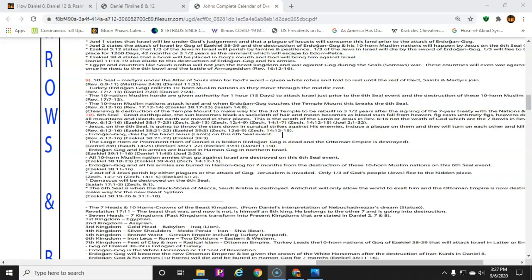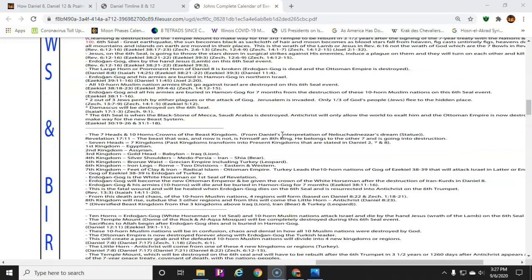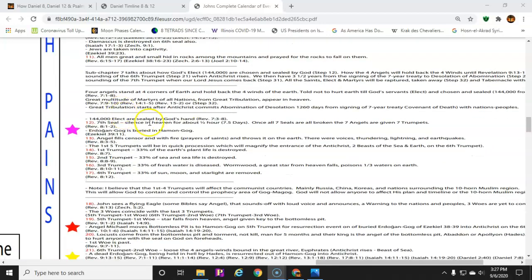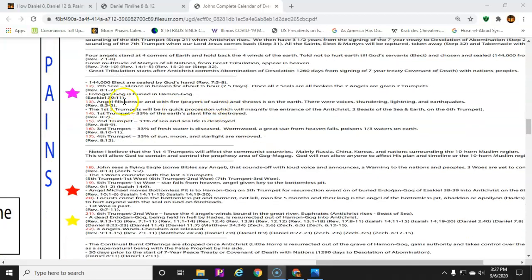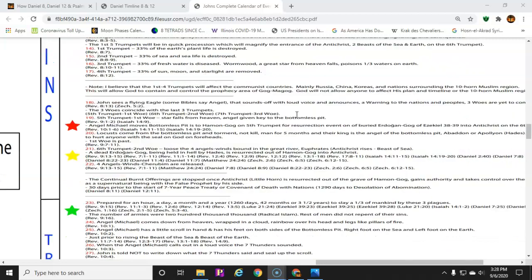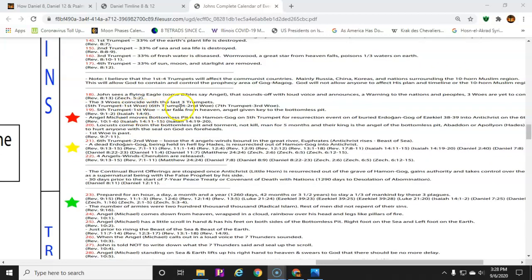So once the 6th seal breaks, you have the earthquake event, the 10 nations are destroyed, you start to see the 7th seal open, the half an hour of silence occurs, you start to see the 4 trumpets hit, a third of the communist nations are taken away, and it buffers the region of the 10 horns, and also protects the Christian and the Jew regions, because they're going to be made to make a decision here on which side they're going to join. We start to see the 5th trumpet happen.